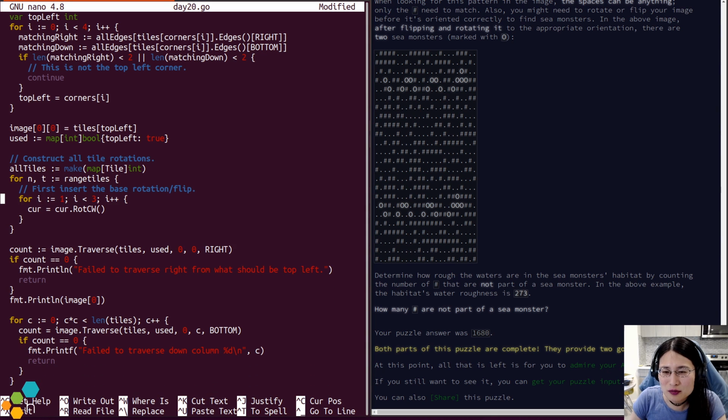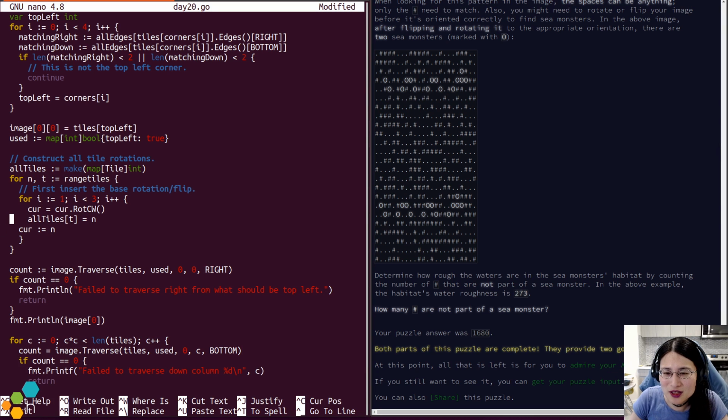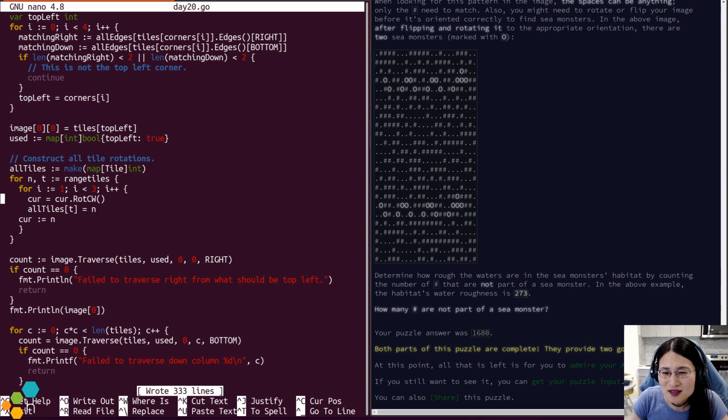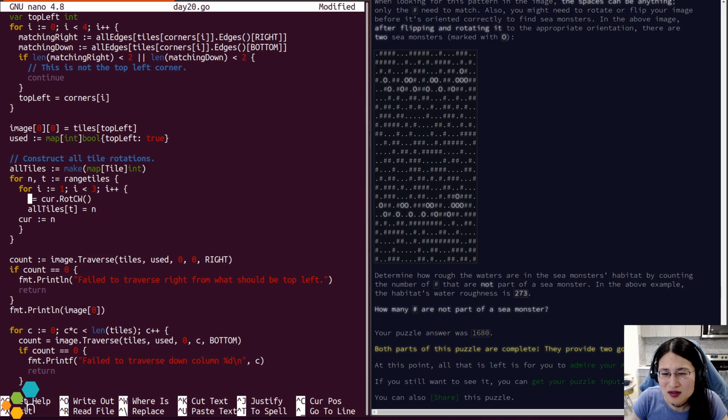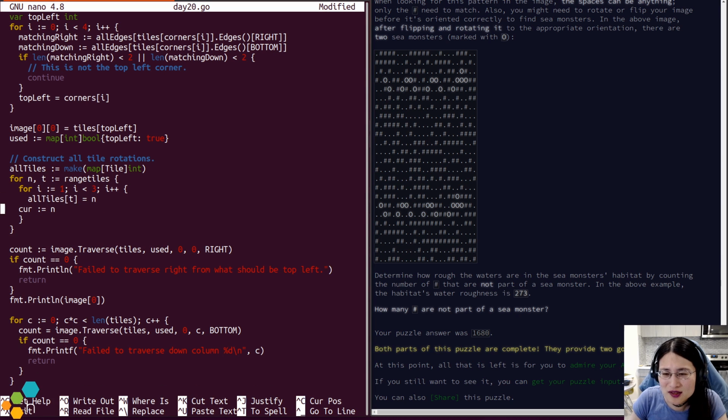In fact, actually, we can do it this way. This is a little bit cleaner. Yeah, this is going to be cleaner.